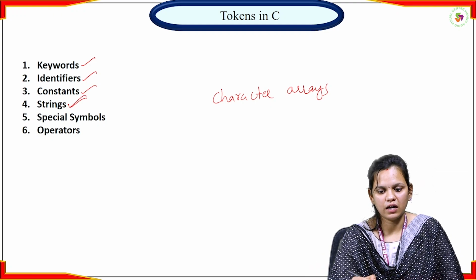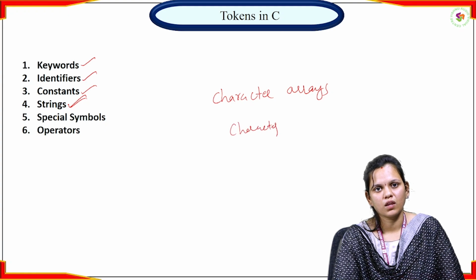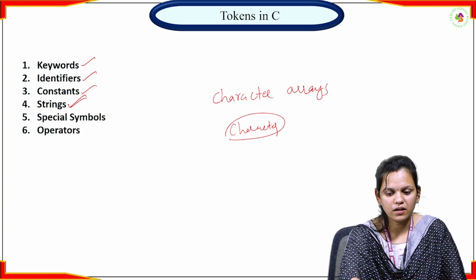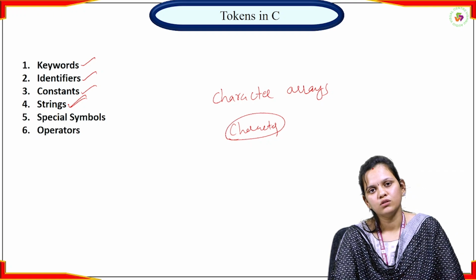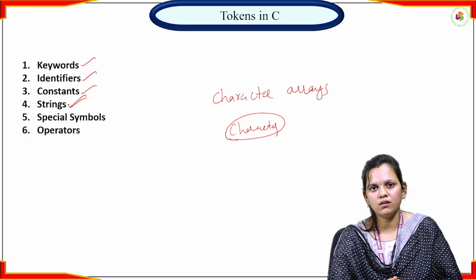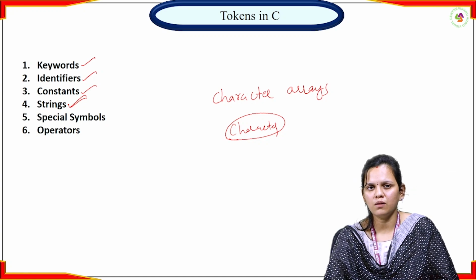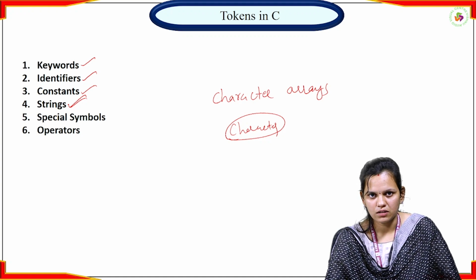We have to declare using char. So the collection of characters will become a string there. The collection of characters can be represented only through arrays.